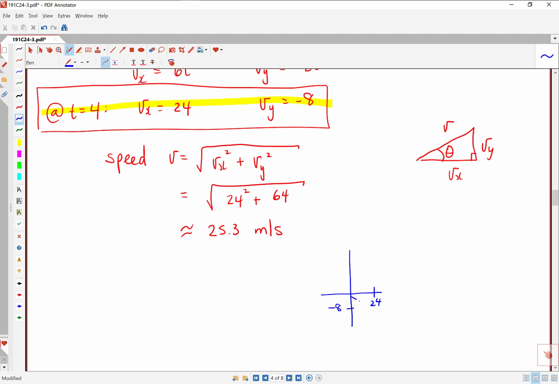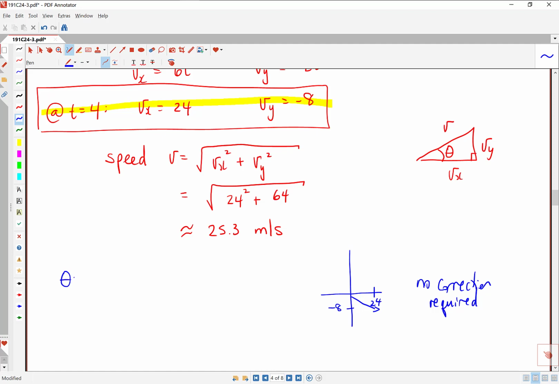Basically what that tells us is we are in quadrant 4, and that means there's no correction required. You only have to add 180 degrees if your angle points left. So if you're in quadrant 2 or quadrant 3, you have to do the correction. But if you're in quadrant 1 or quadrant 4, no correction required.